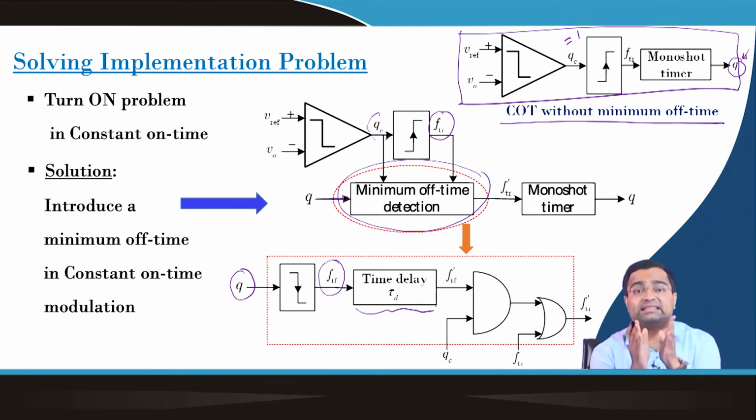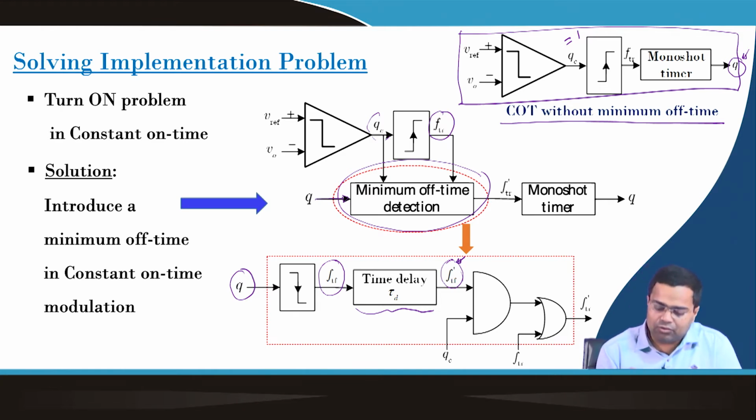You can use a delay circuit, or a shift register, to delay the timing by however much you want, and this leads to a falling edge dash signal. So we created a pulse after detecting the falling edge of the main switch, and we have delayed it, and that signal is ANDed with the output of this comparator.